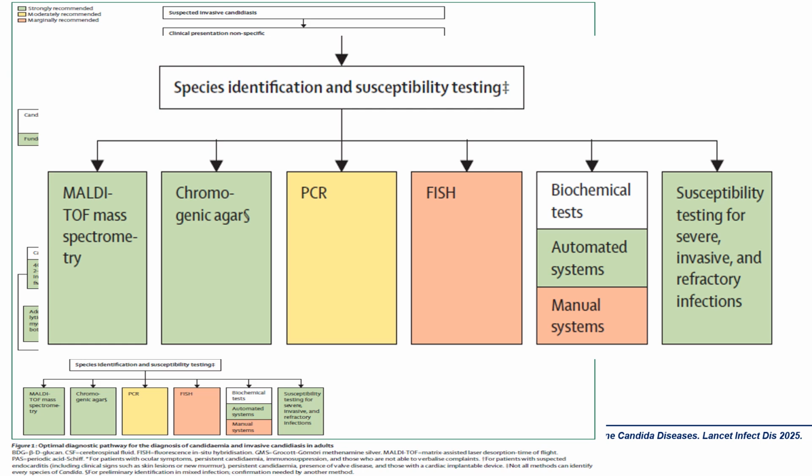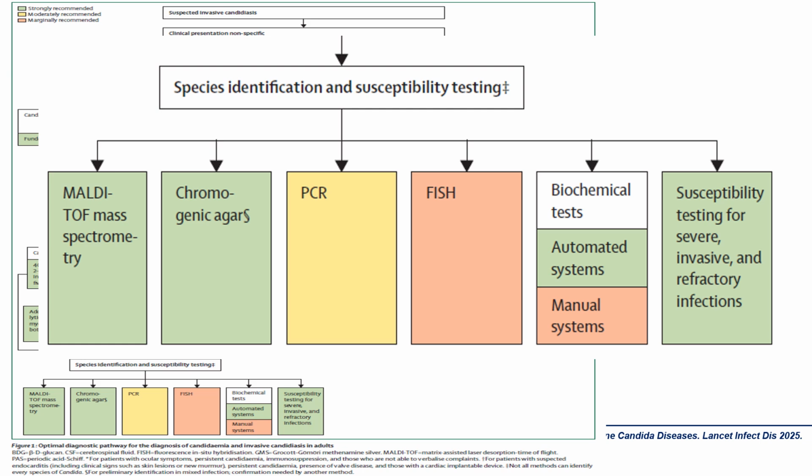Again I will emphasize that identification to the species level is strongly recommended if treatment is being considered, also to guide empiric management and to detect outbreaks, and also for surveillance studies.